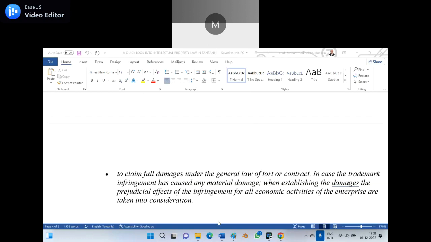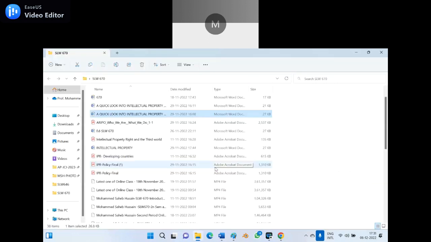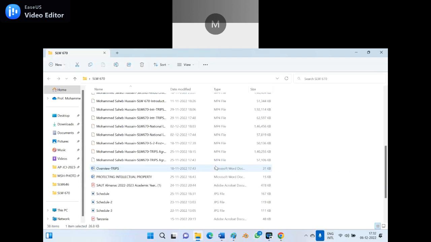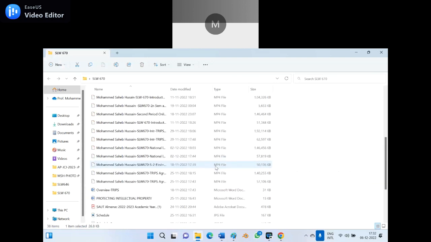So when you go further, let us see if any other thing we can cover in quick time. In the third part, intellectual property, IPR, developing countries, IPR policy. Yeah, IPR policy is also an important factor, but we made the schedule for our classes when we should be there.